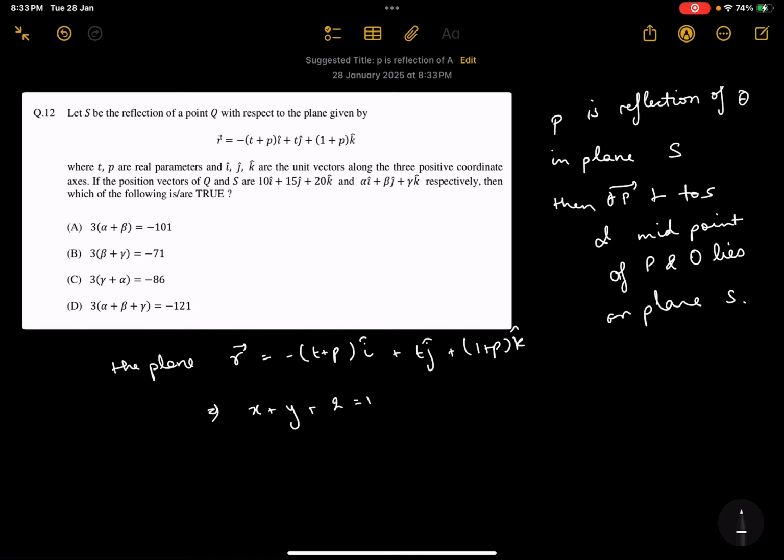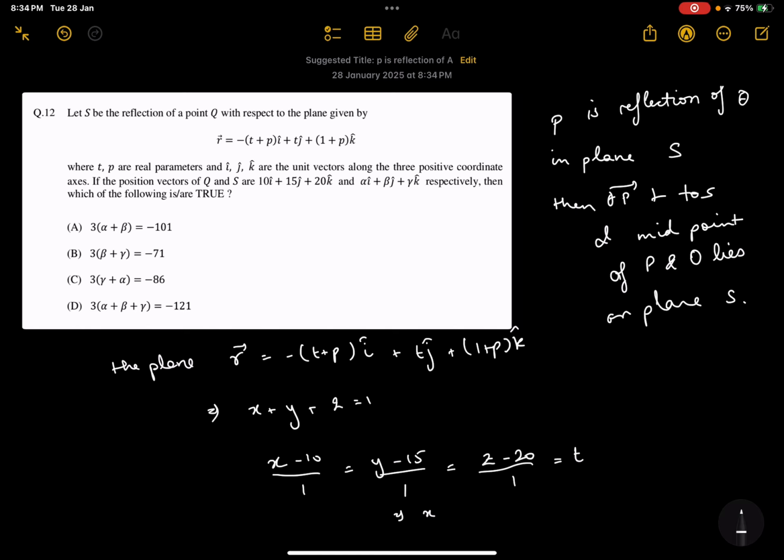It simply becomes x minus tan, let's say this is t.